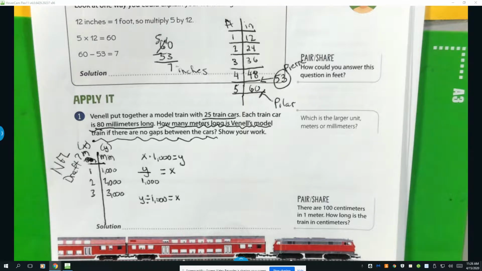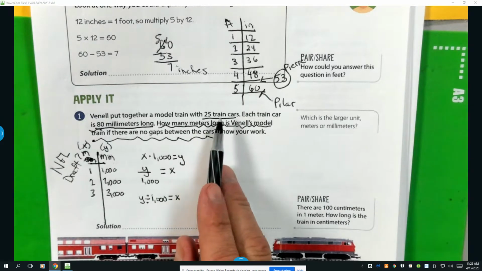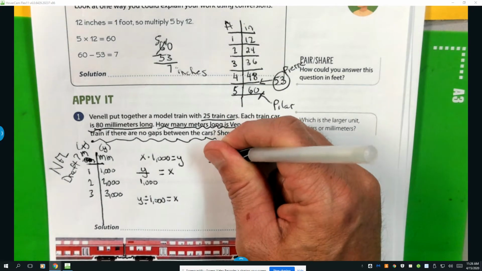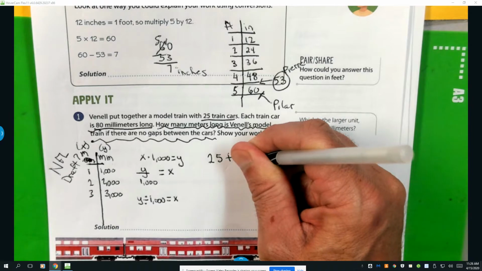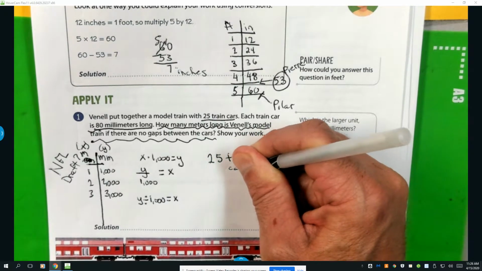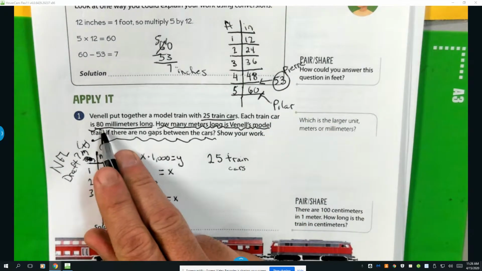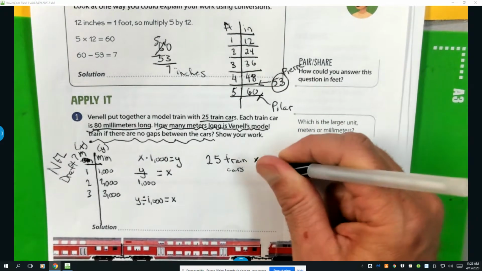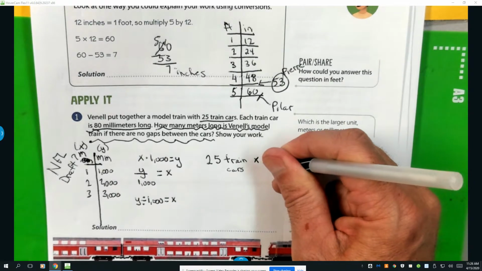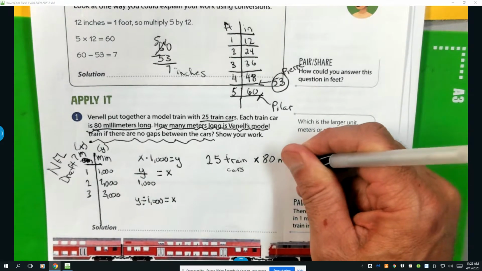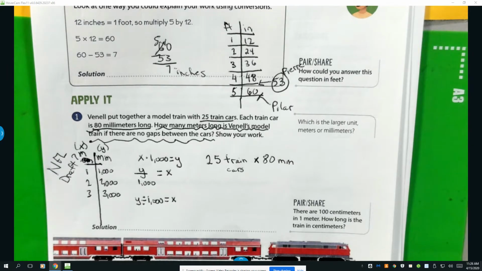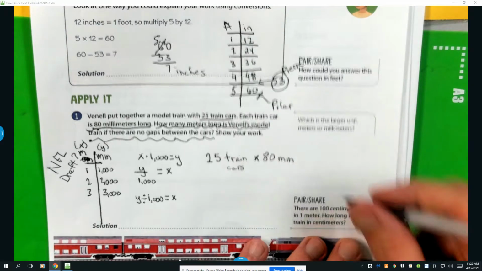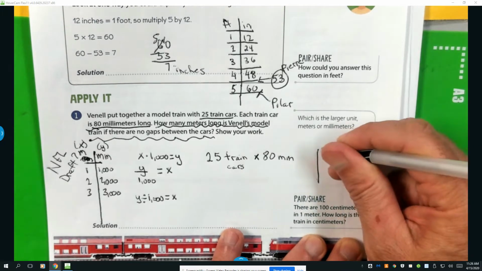All right. So now let's digest what we're looking at here. We have 25 train cars. Each is 80 millimeters long, and this is going to be multiplying, 25 times 80 millimeters in length. If I multiply 25 times 80, I can do that really quick.